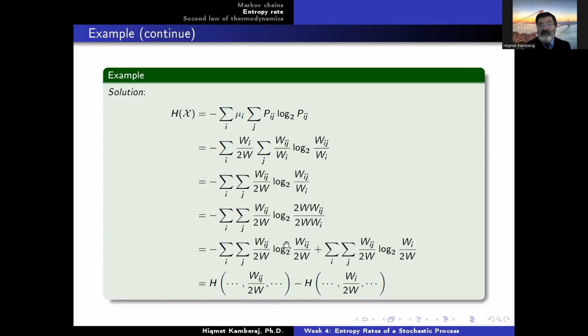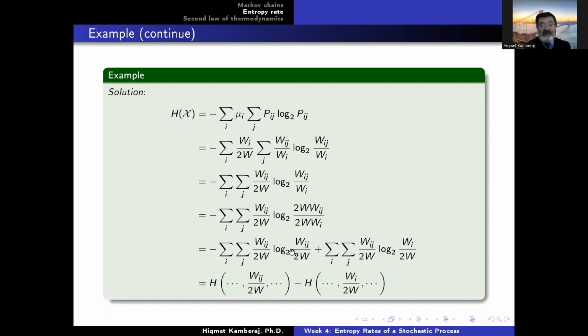Then I will obtain two sums. The first term is minus the sum of all i's, sum of all j's, wij over 2w, log base 2 of wij over 2w, plus, because I take the log of the inverse, this minus becomes plus, the sum of wij over 2w, log base 2, with wi over 2w inverted.